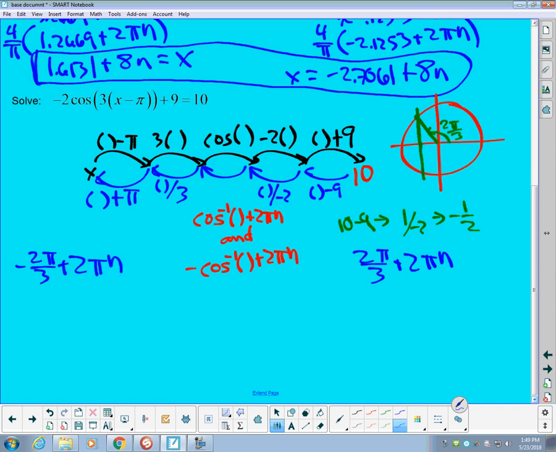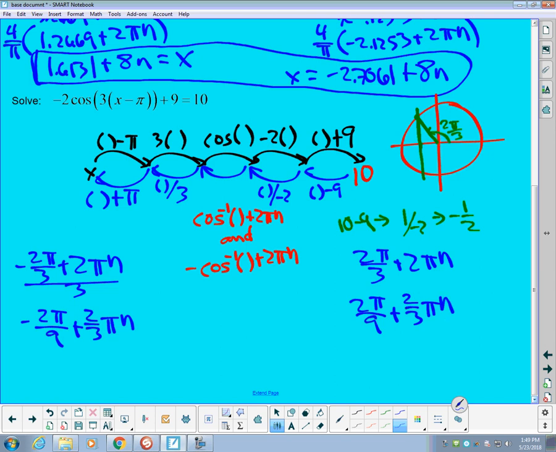The next step says divide everything by 3. So if I divide everything here by 3, I'll get -2 pi over 9 plus 2/3 pi n. Over here, I'll get +2 pi over 9 plus 2/3 pi n.